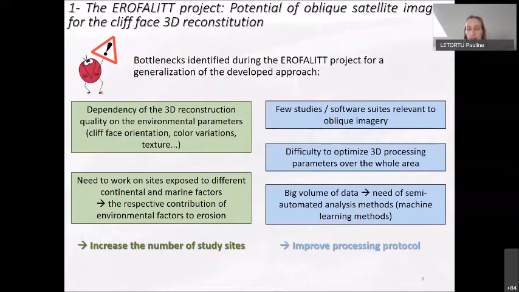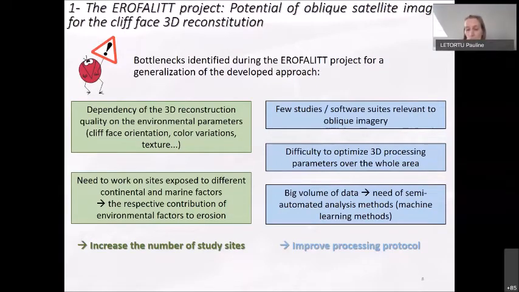The Aerophalid project has also highlighted some technical bottlenecks. Few studies and software suites are relevant to oblique imagery. There are therefore new methodologies to develop. Because it's difficult to optimize 3D processing parameters over the whole area, it will be interesting to first detect areas of change on these images and then optimize processing parameters of the 3D reconstruction only on these eroded areas.